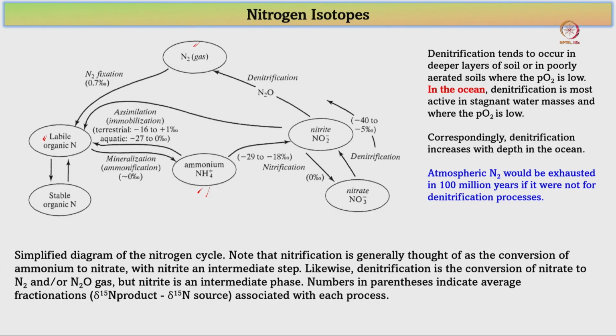Ammonium gets converted to nitrite, or it can get converted to nitrate. Nitrate will definitely convert back to nitrite, and then through the denitrification process get released as nitrogen gas. In all the brackets you see the values from one source to one sink. So, this is the delta 15N of ammonium, this is the delta 15N of nitrite value.